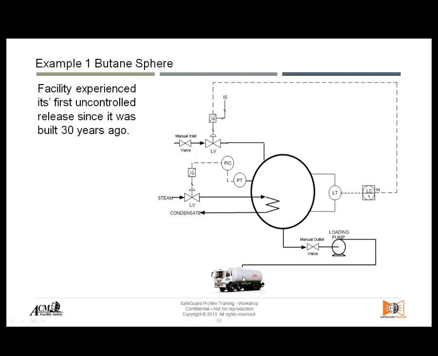There's a trucking out activity that goes on, so people come in with trucks to load product in. They have to manually operate the valves and loading pumps. So this is a typical old butane sphere park, or one unit that repeats maybe 5 or 6 times. And there's a specific scenario happening here.